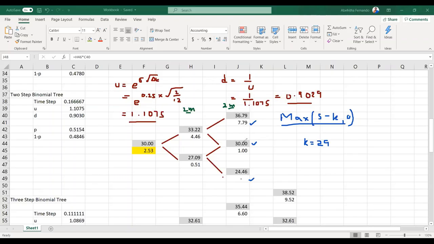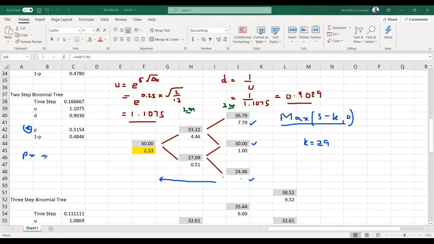So once you identify the payoffs at maturity, next, since you have to move back towards this side, you need the probabilities of upward movement and the probabilities of downward movement to find out the expected payoff values. So for that, you have to calculate the value of p and the value of 1 minus p. Again, you will have to recalculate because the duration of the time step is different now.